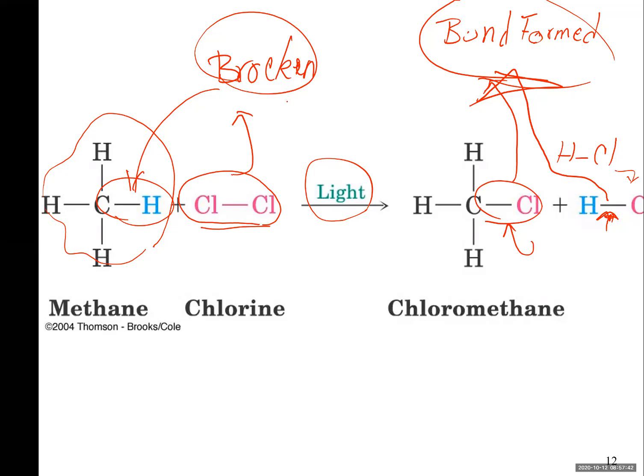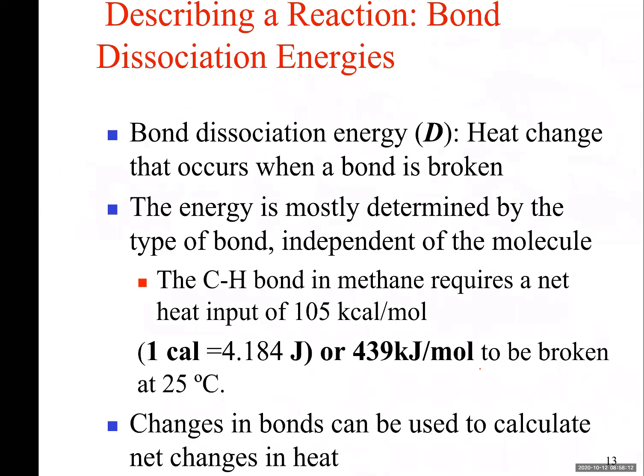Bond broken needs energy, so positive energy. Bond formed, there is a negative energy. That means energy released. Add these together, you have the balance. Then you can measure delta H of a chemical reaction. I'm going to actually do this calculation for you.